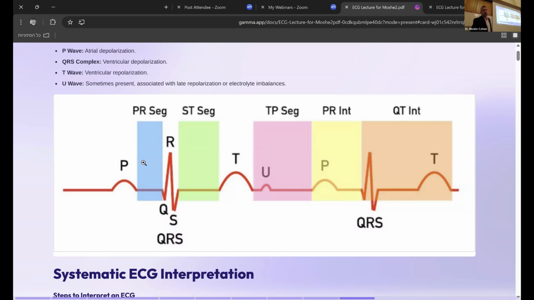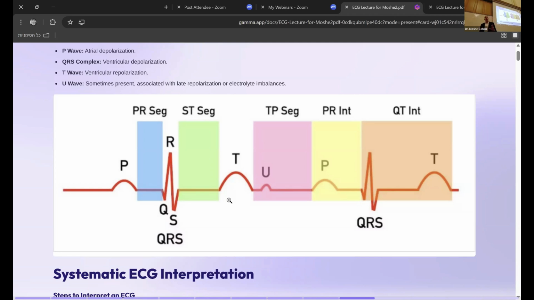And then we have the T wave. What is the T wave? Good, it's repolarization. So after we have depolarization, we have repolarization because the heart needs to be repolarized in order for it to be able to go through depolarization again.